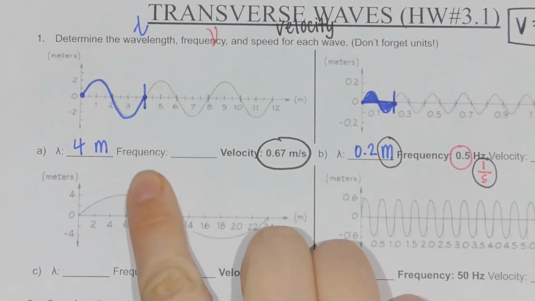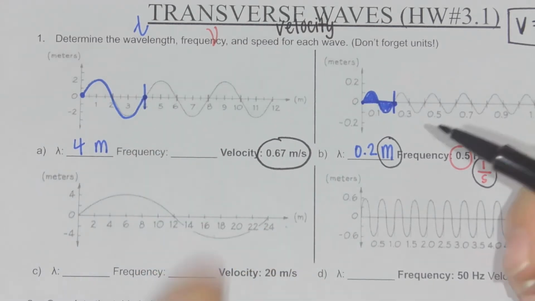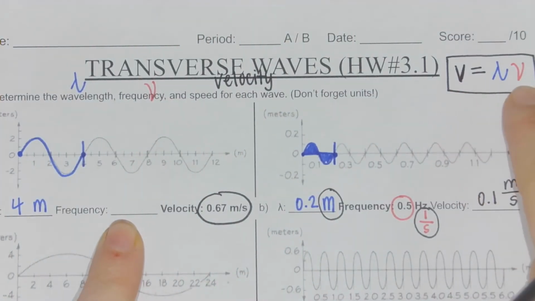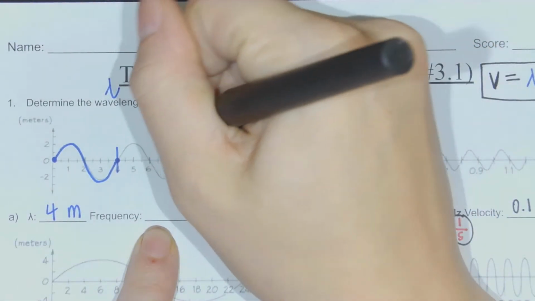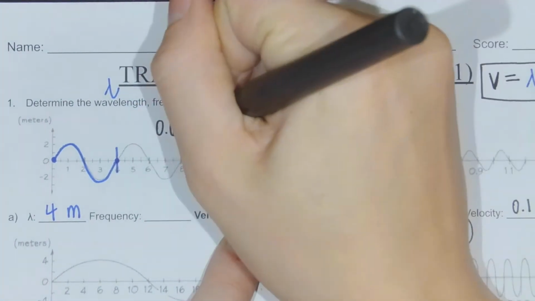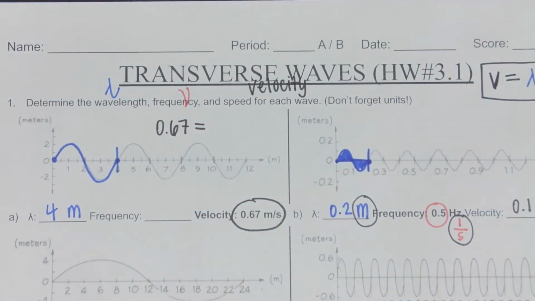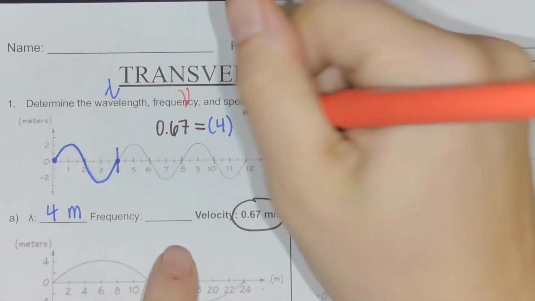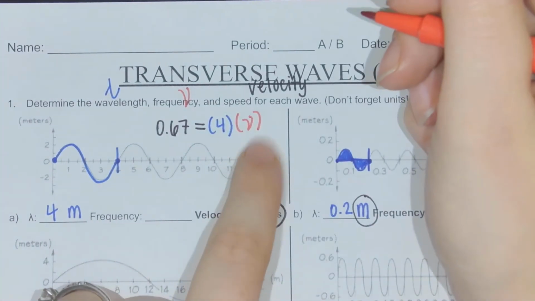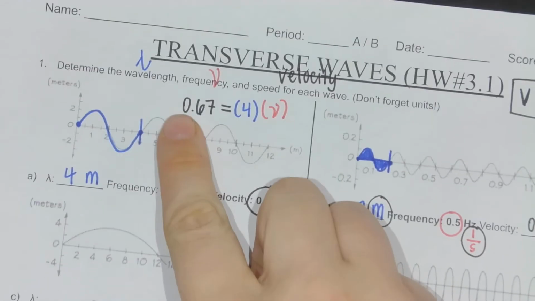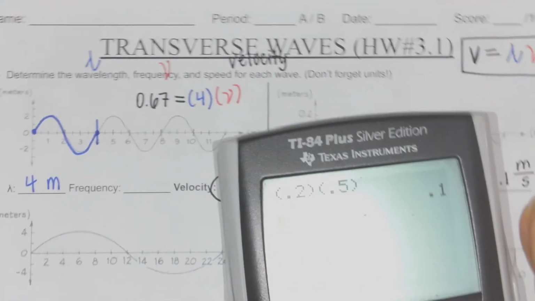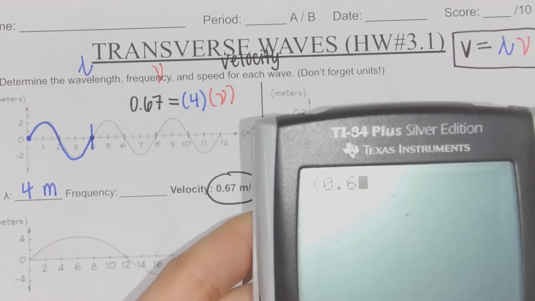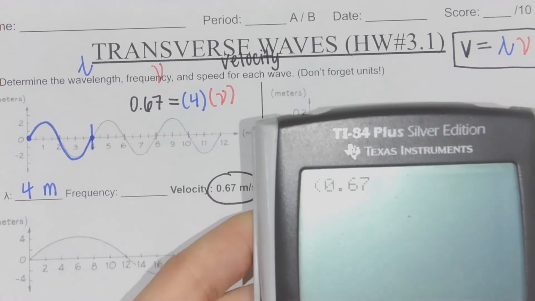I'm solving for the frequency. So if V equals wavelength times frequency, I don't know what the frequency is, I'm going to solve for it. 0.67, divide that by 4.